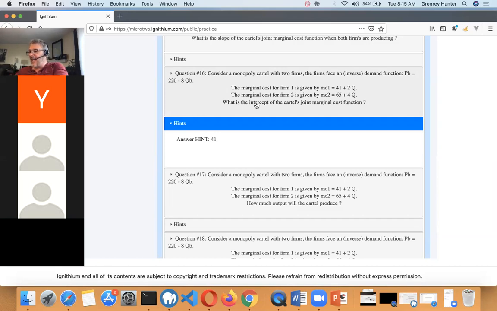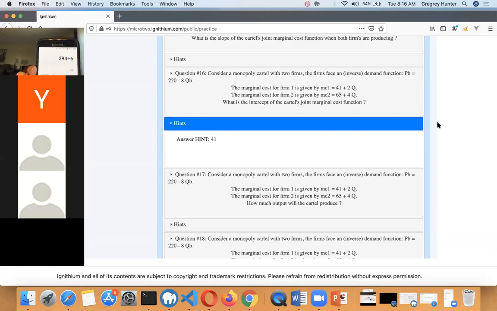Well, again, if you were producing, right? The intercept of the joint one, we know, we said it's 294 divided by 6. So let's calculate that. So that's 49, right?